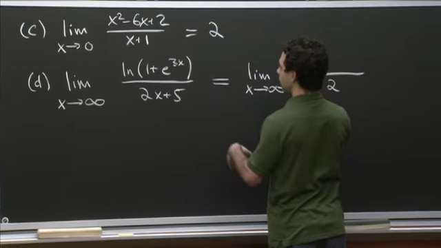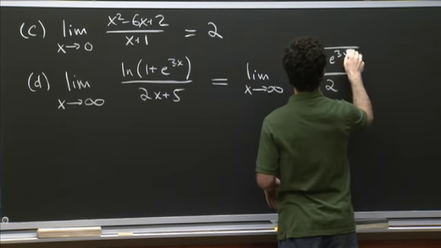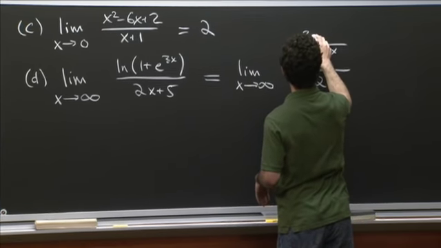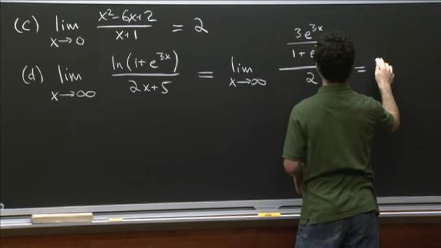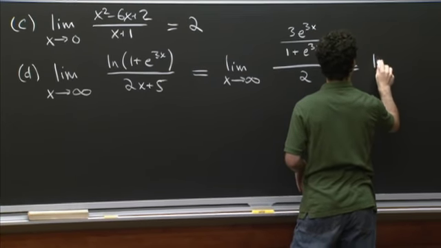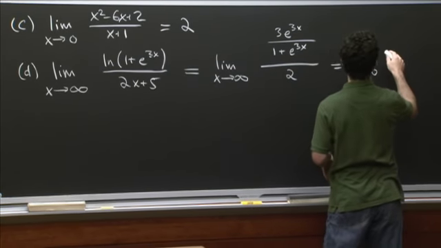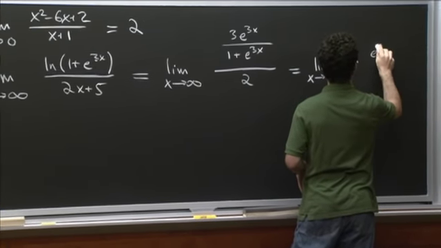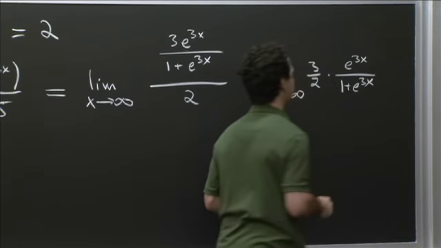You take the derivative, and it's a log, so in the bottom we get 1 plus e to the 3x, and then by the chain rule, up top, you get 3 e to the 3x. Rewriting this in a nicer form, this is the limit as x goes to infinity of 3 over 2 times e to the 3x over 1 plus e to the 3x.